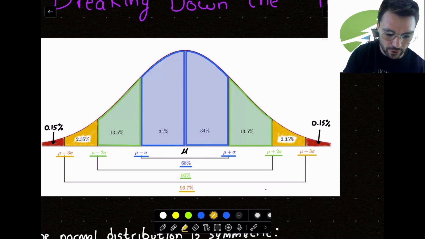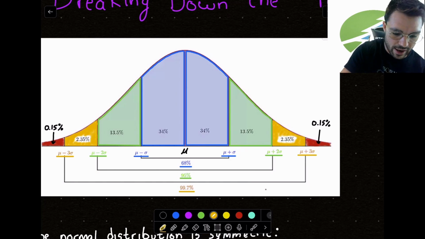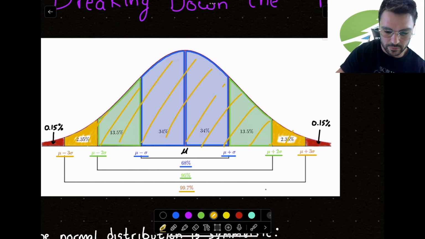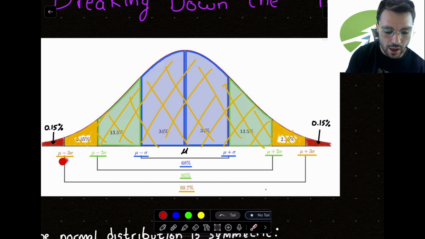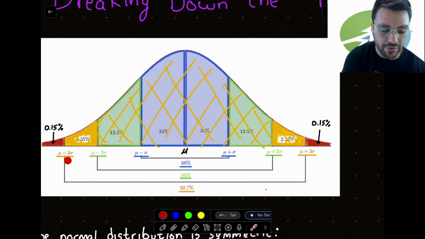But if we look at everything, that orange doesn't show too well. Let's just draw it in. If we look at everything here, there we go. That's more visible. Now this is saying everything from the mean minus 3 standard deviations all the way to the mean plus 3 standard deviations accounts for 99.7% of the data.